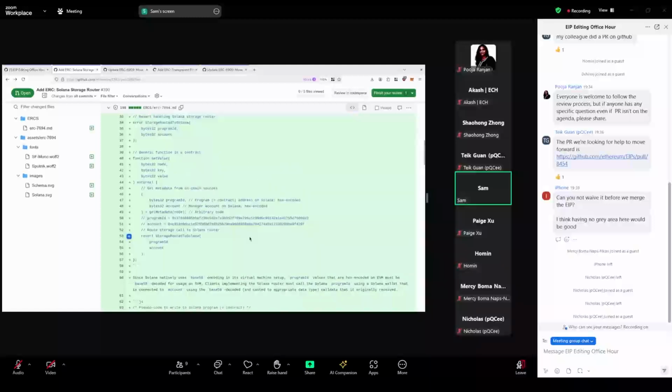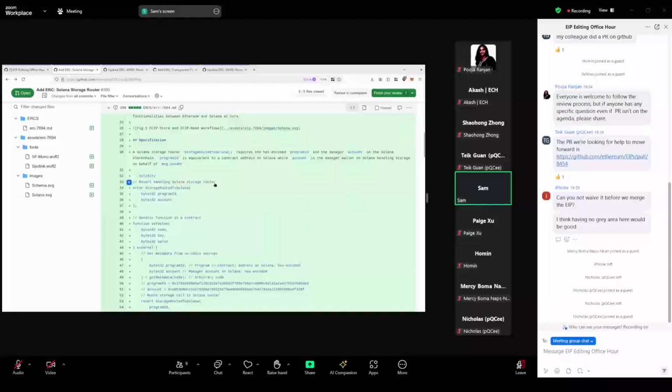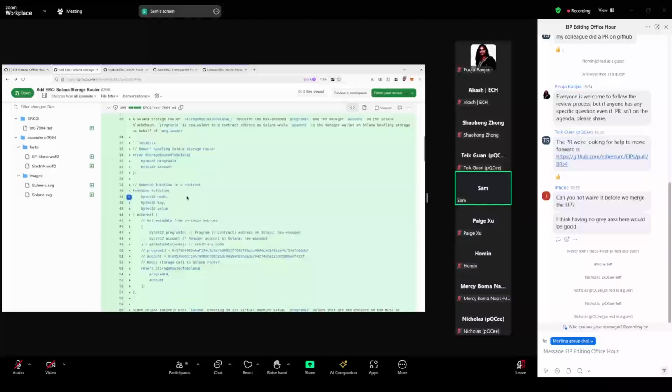Okay, wait, how does this work? Revert handling, okay. Solana storage router requires that the hex encoded program ID and the manager account, Solana blockchain program ID, okay. Set value. Get metadata from on-chain sources. So you call get metadata and you get back program ID and account.